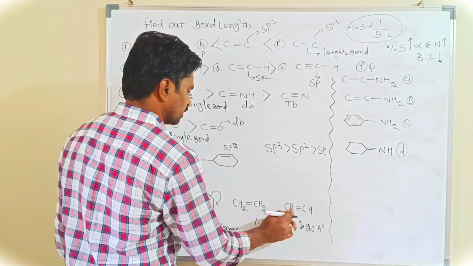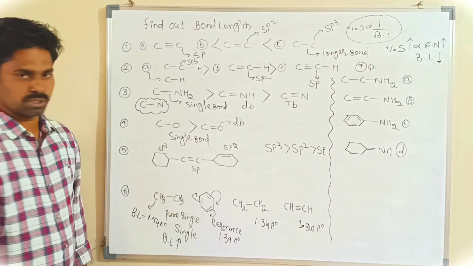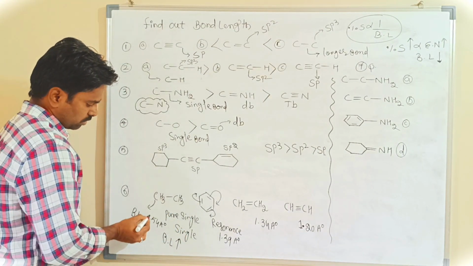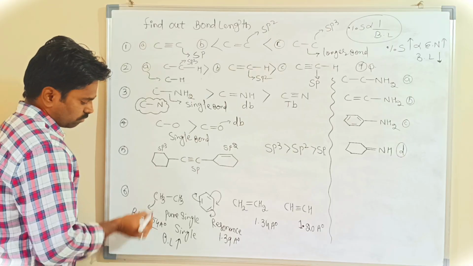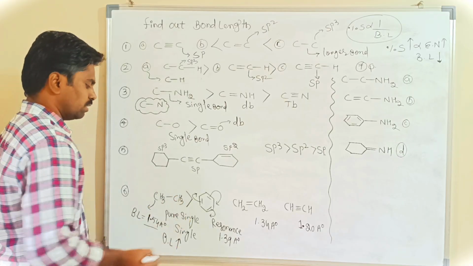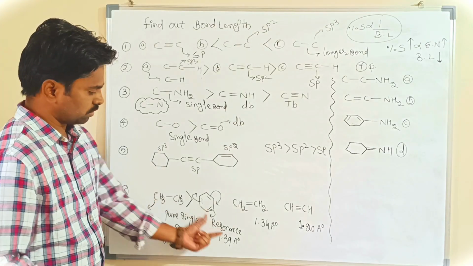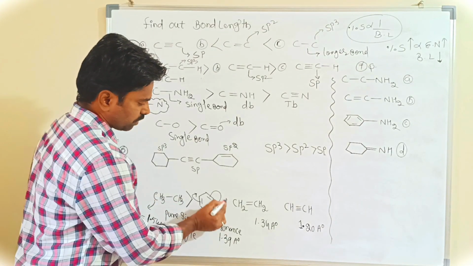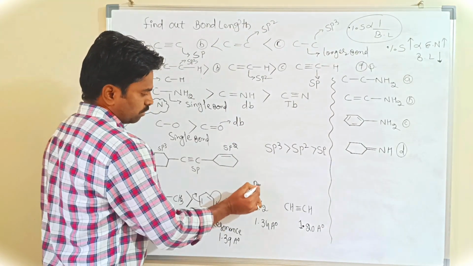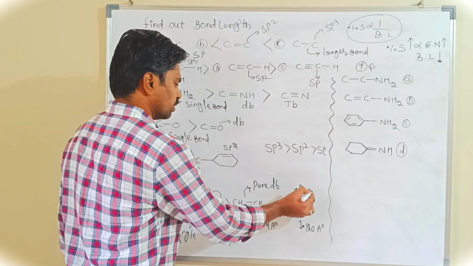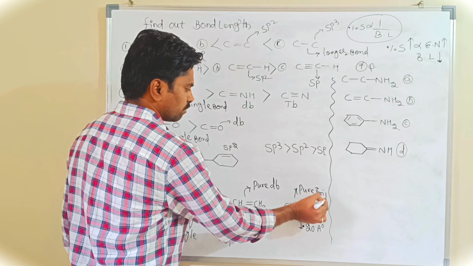That much only is the bond length between carbon and carbon. So finally the pure single bond has a bond length of 1.54. This pure single bond is longer than the one with resonance, and the other is a pure double bond, and this one is also a pure triple bond.